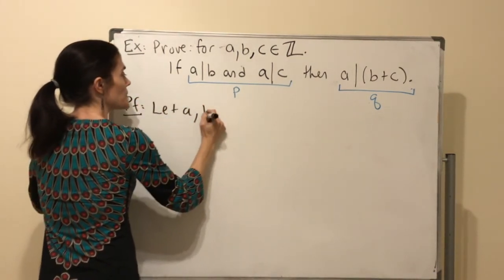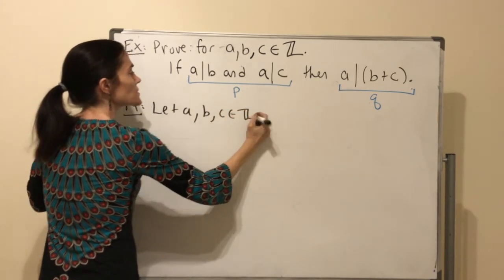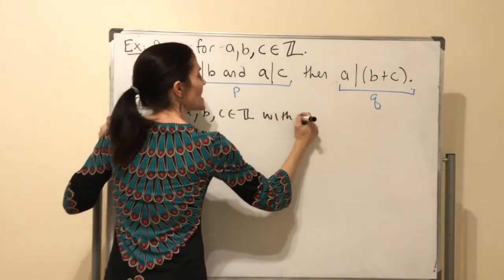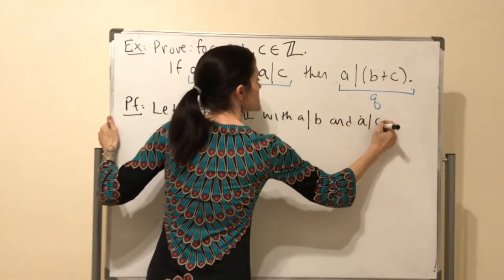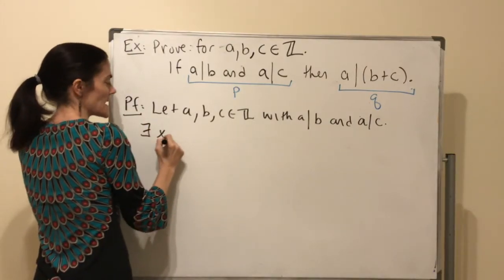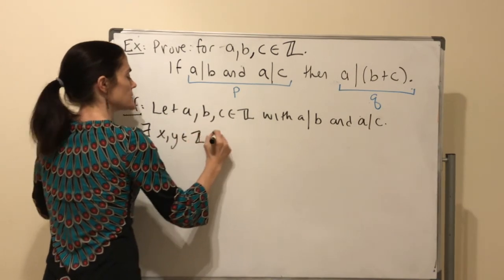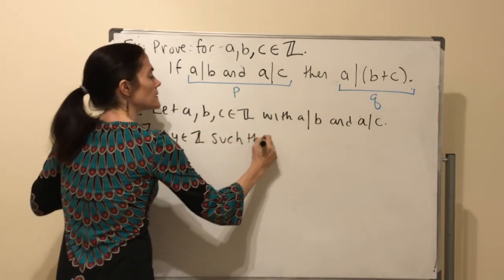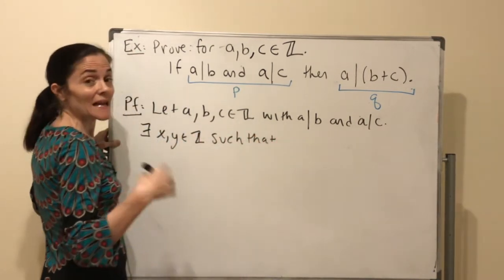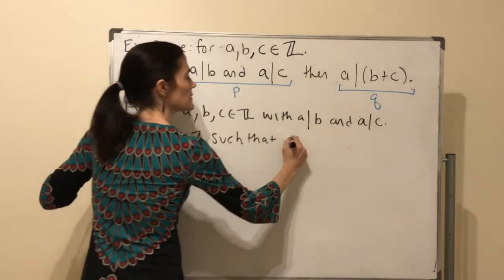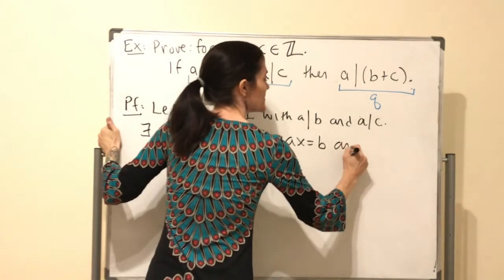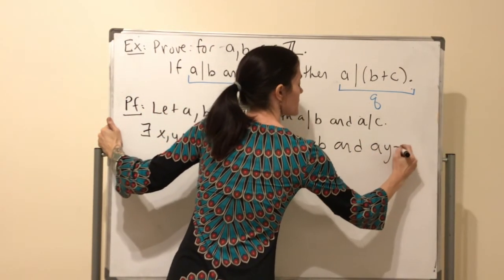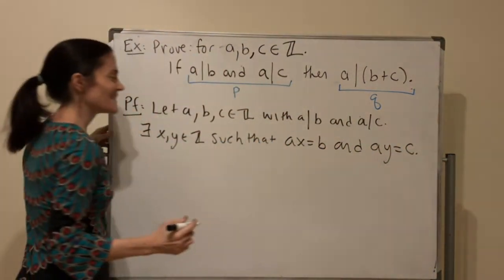Let a, b, c be integers with a divides b and a divides c. There exist x and y such that, well, a divides b and then a divides c. Okay?